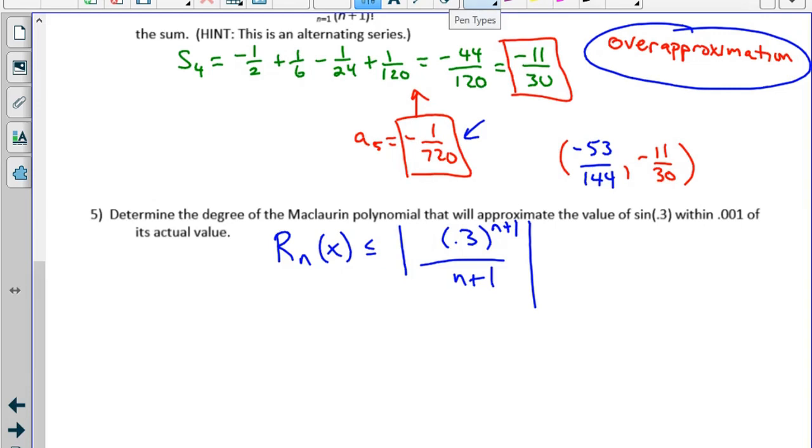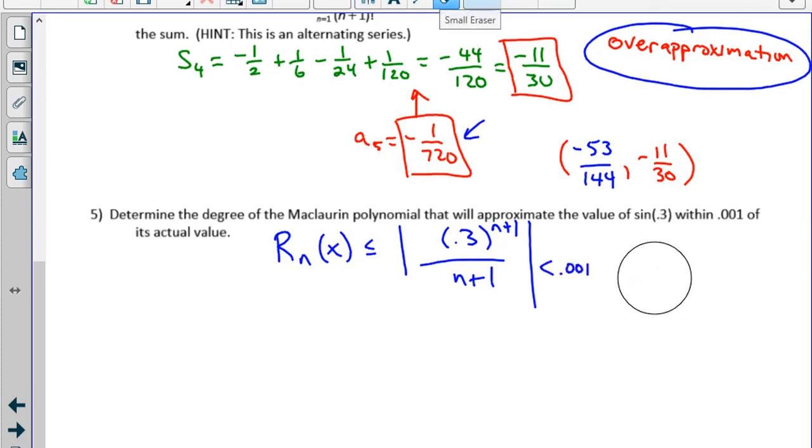So it's probably easiest to either just repeatedly type 0.3 to a certain power over that power factorial, and then I can erase them and try this to the 4th and so on, and figure out when this ends up being less than 0.001.